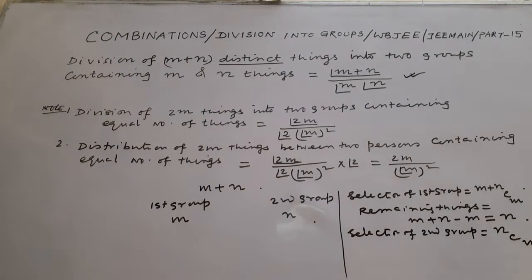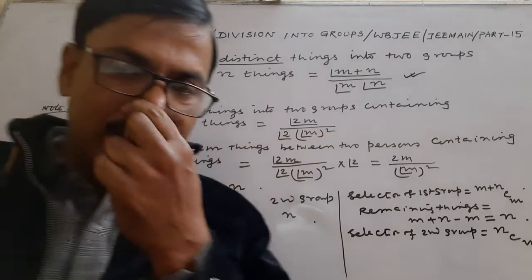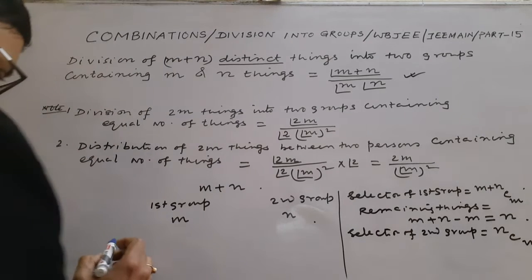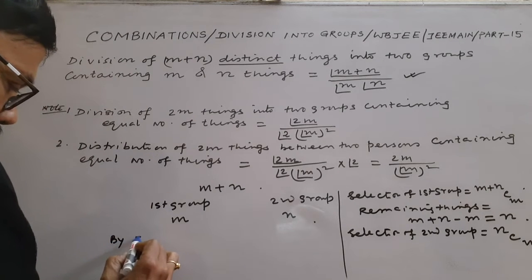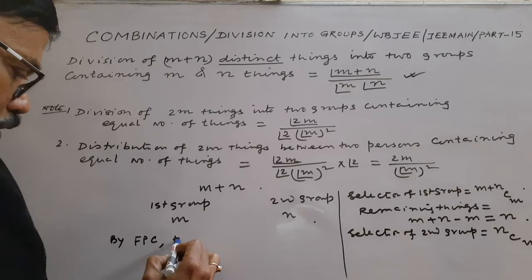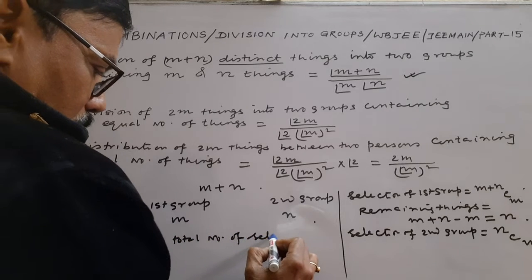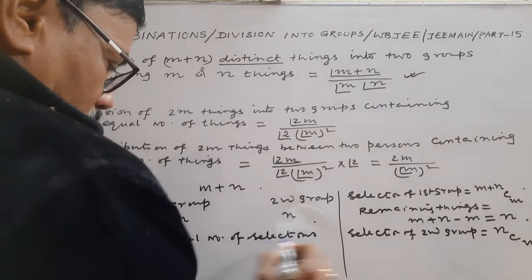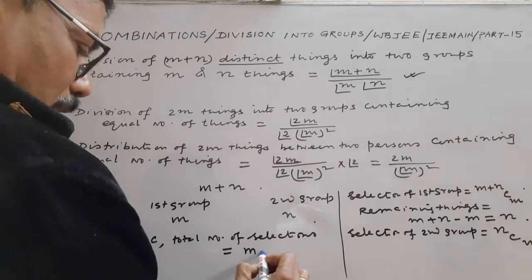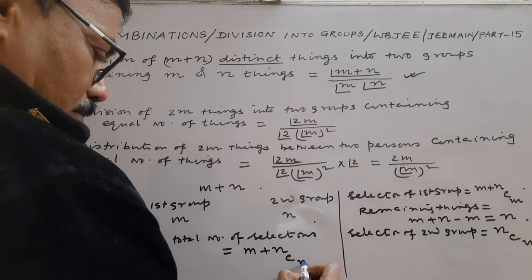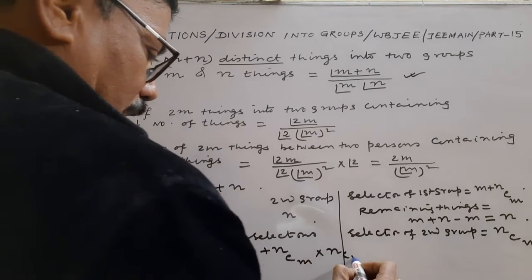So this is the second group. So by FPC, total number of selections equals m plus n c m into n c n.